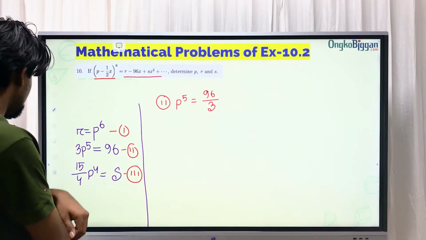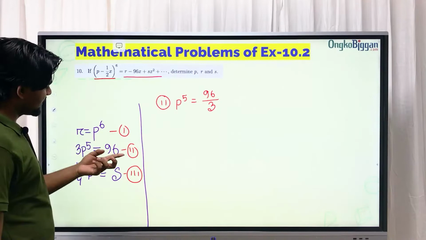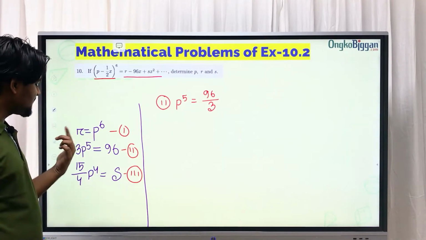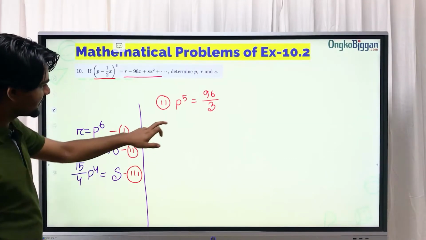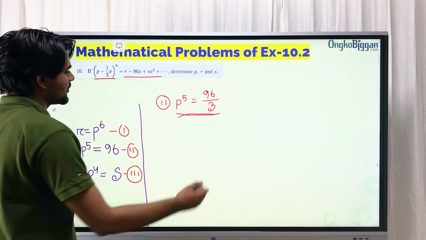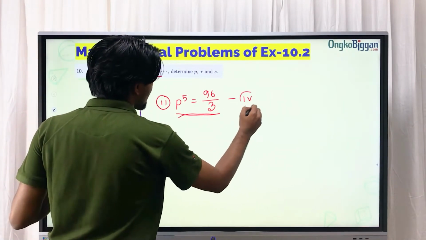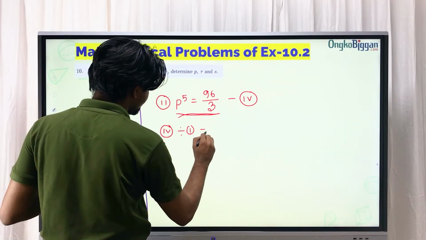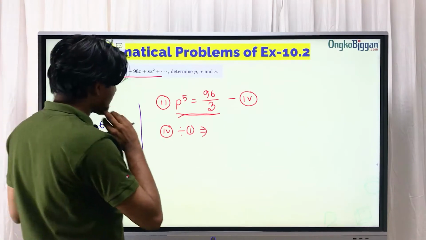And for that what we can do is let us first try to divide the r equals to p to the power of 6 and this term. So we can name it 4. So 4 divided by 1 will be what?